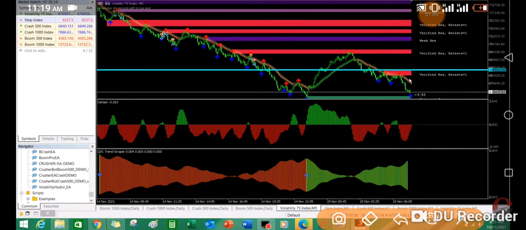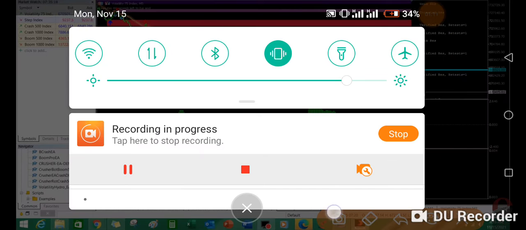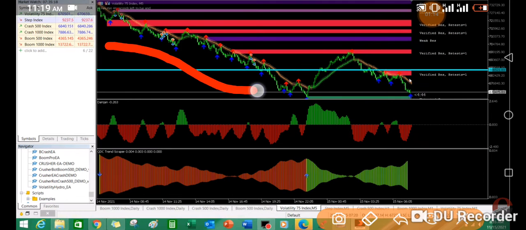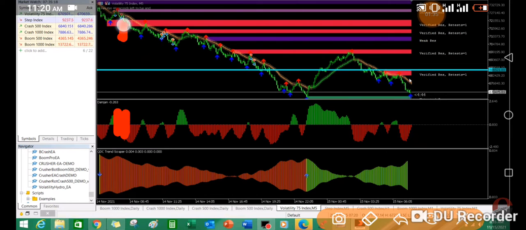Now when this was in a downtrend, meaning here was red, your first entry could have been here. You understand? As soon as you see the first red pop out, you enter a sell.